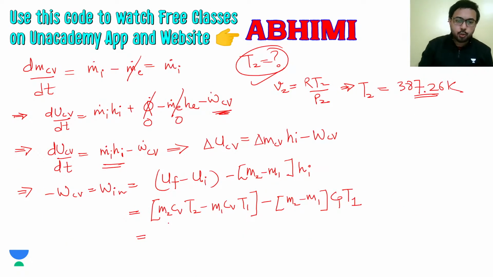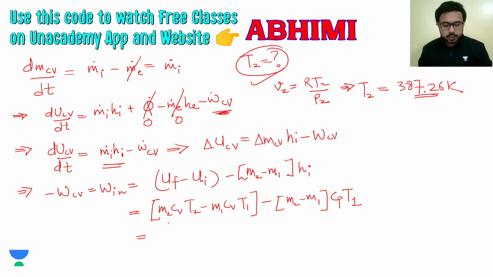So that will be 0.664 into Cv, which is 0.718, into the temperature 387.26, minus 0.332 into 0.718 into T1. What is T1 here? It is 21 degrees Celsius, so 294. And again minus m2 minus m1, which is 0.332, into Cp 1.005, into temperature 1, which is 294.